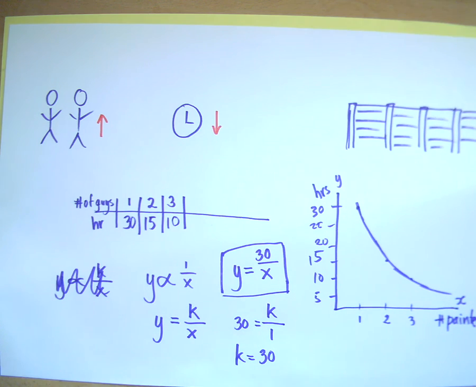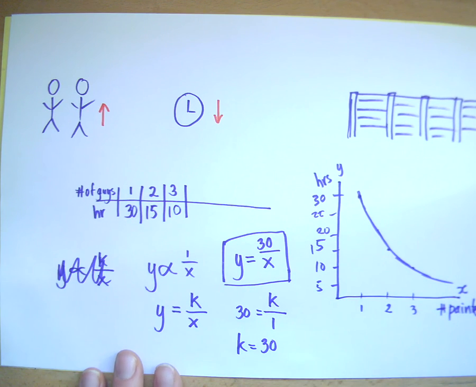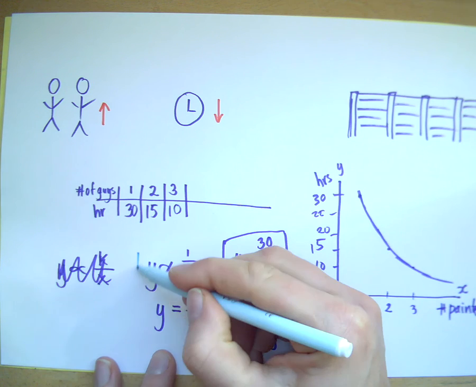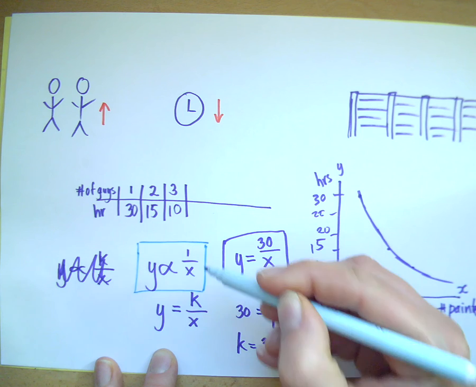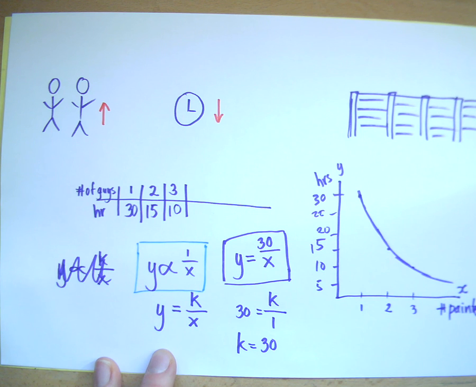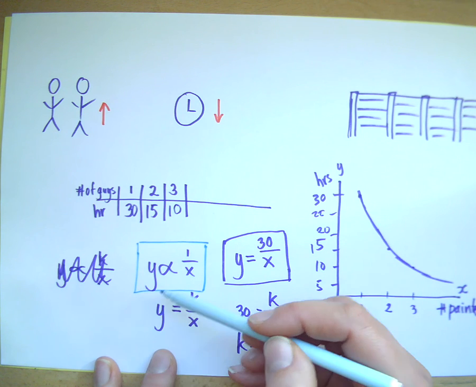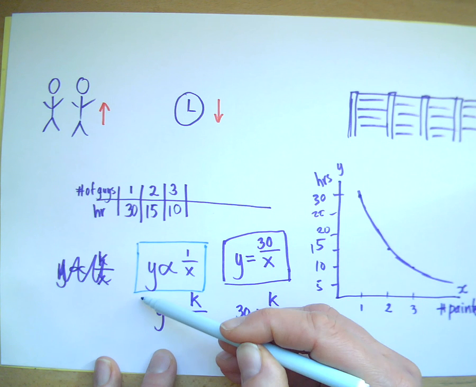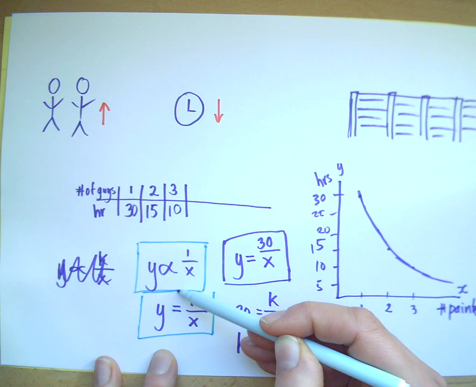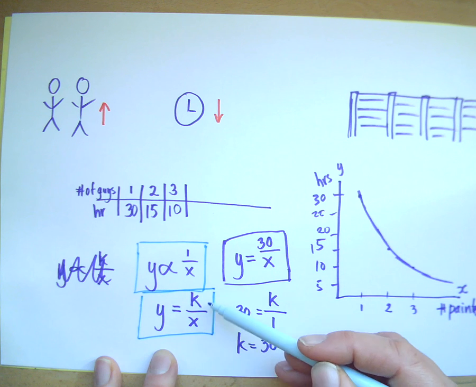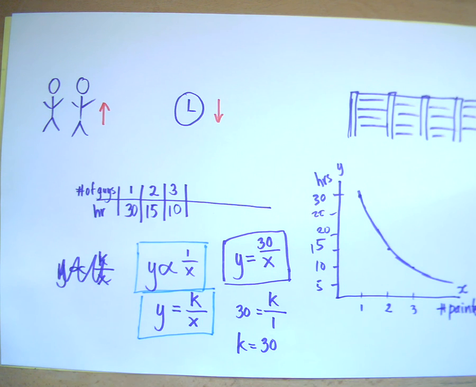I think this is enough. So remember this. Y is inversely proportional to x, and this is what a formula for y in terms of x would look like. All right.